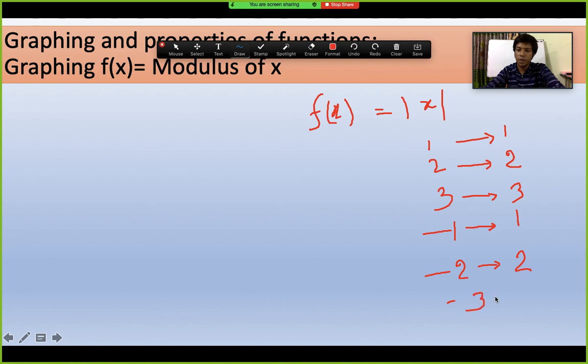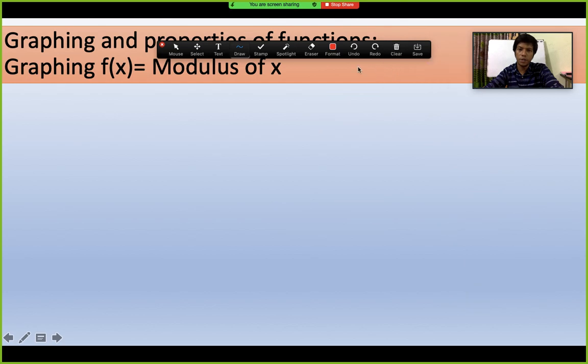Minus 3, if we put minus 3, then we will have plus 3. Ultimately, if you put a negative number, the output will be positive. So that is the only difference. If you draw the graph roughly, it will be like this for the positive values, and for the negative values, like this. You can try plotting it.